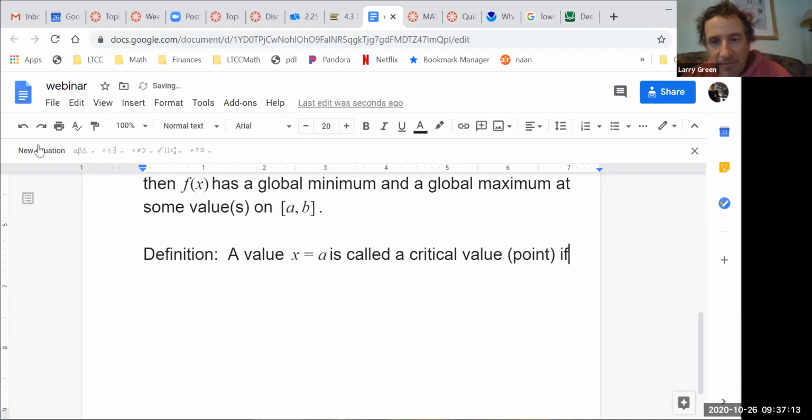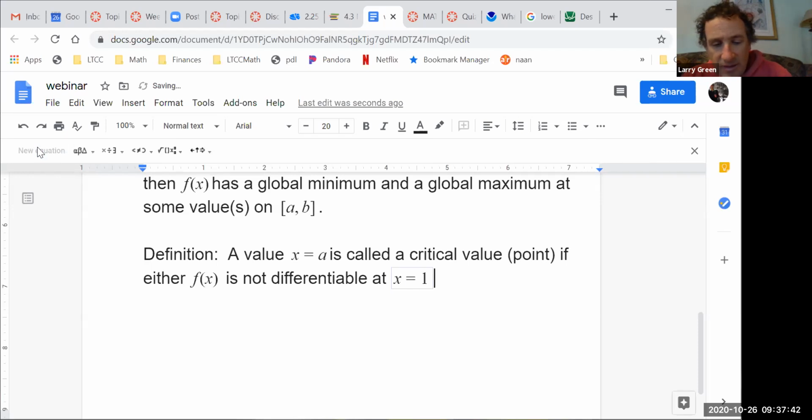If either f of x is not continuous, sorry, not differentiable, at x equal a, or if it is differentiable, then f prime of a is 0.